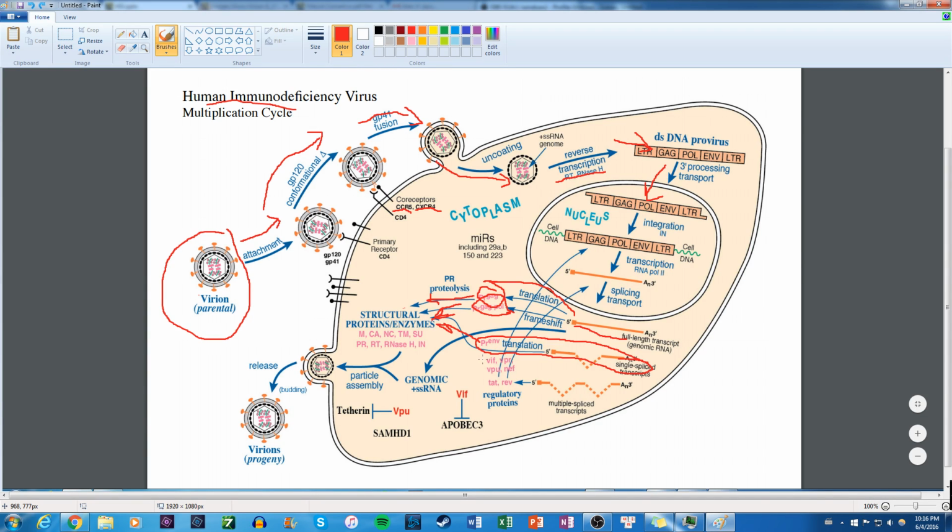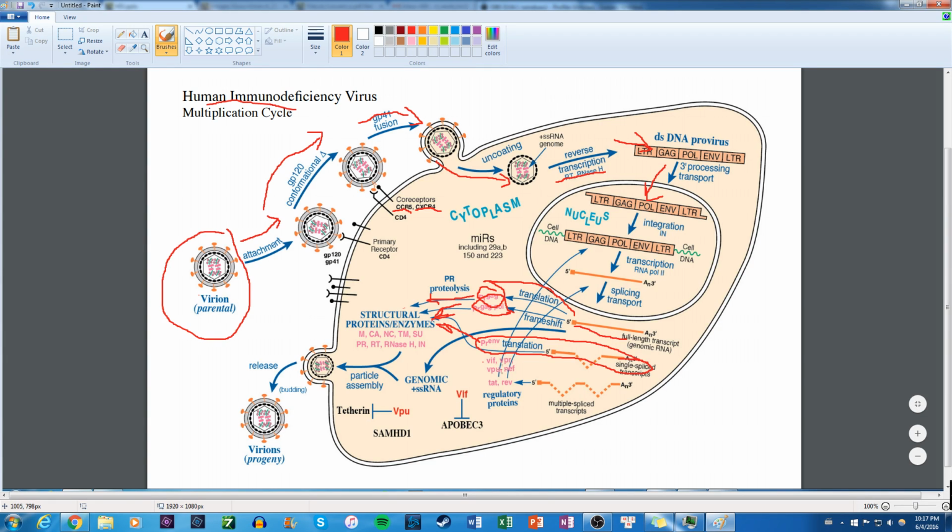VIF right here, for example, HIV needs VIF because without VIF, HIV would get destroyed by a cellular protein called APOBEC. APOBEC basically deaminates and messes up the viral genome, so that when the virus buds out with that messed up genome, its genome is so messed up that it can't even infect new cells anymore.